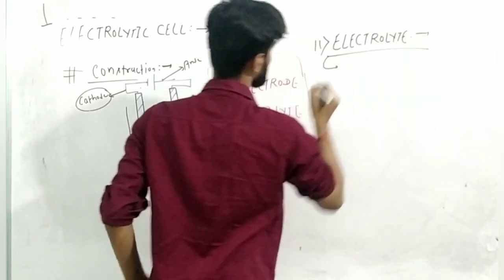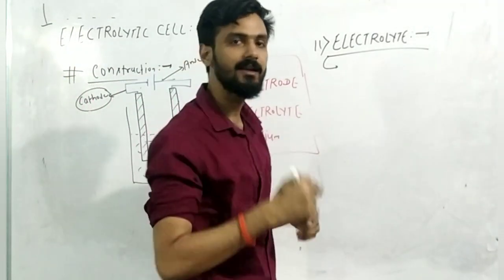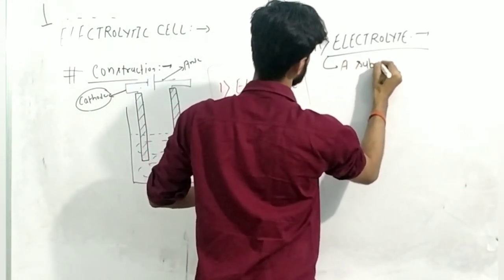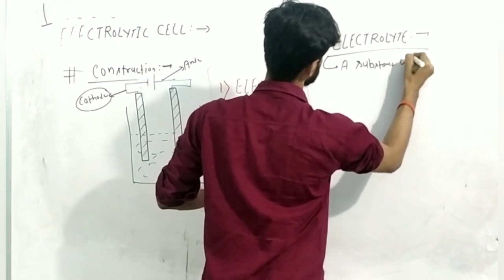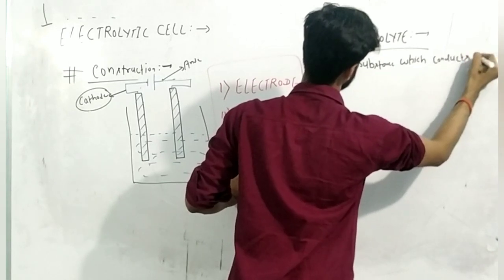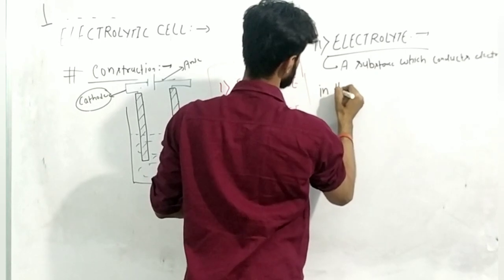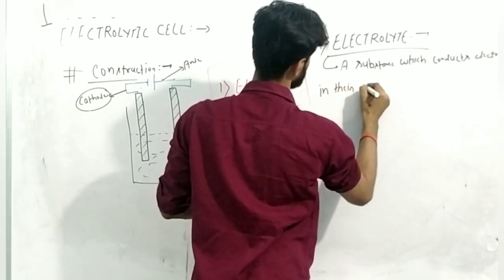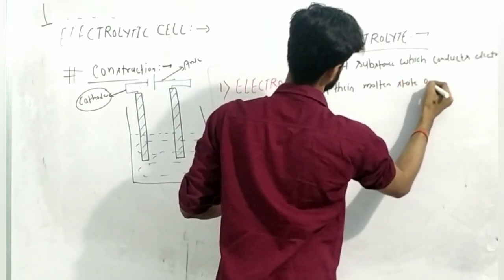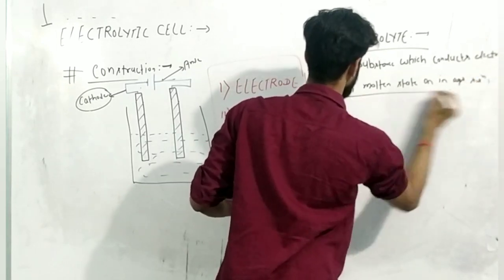So how will you define the electrolyte? Electrolytes are the substances which conduct electricity in the molten state or in aqueous solution.